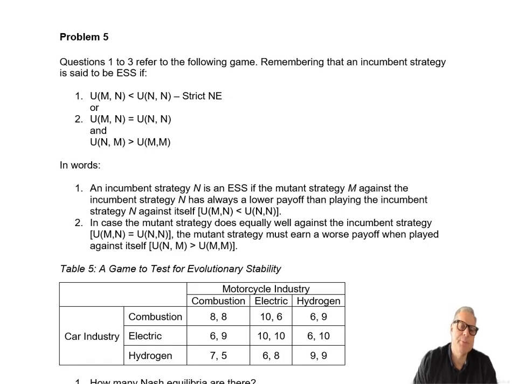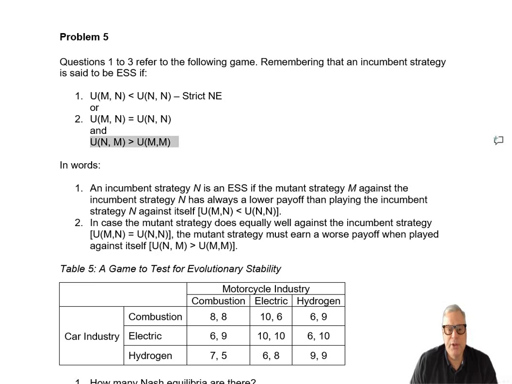So that is captured by the term U(M,N), so that the first is the payoff of the mutator. So the mutator does as good with somebody who plays the incumbent strategy as the mutator did before the mutation when playing the game with someone who also plays the incumbent strategy.